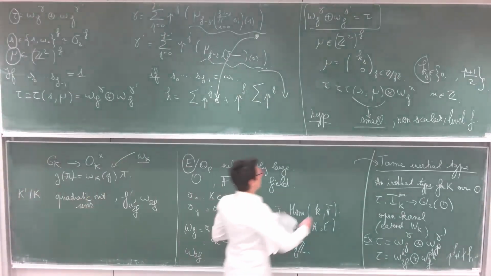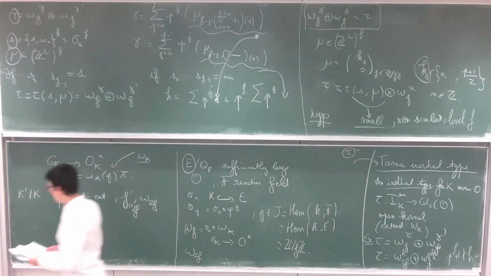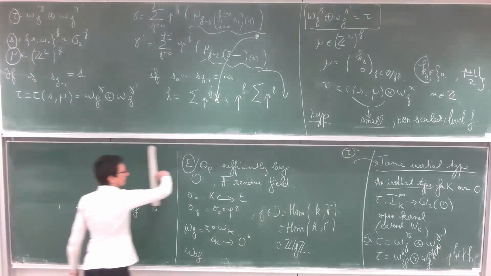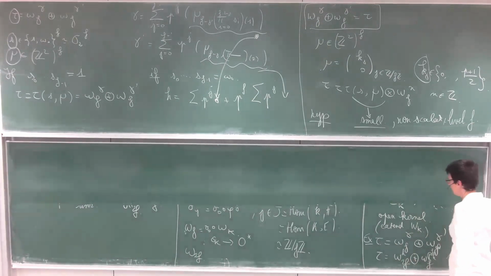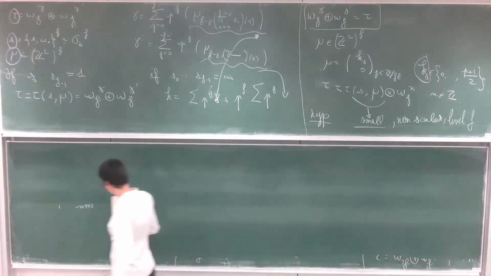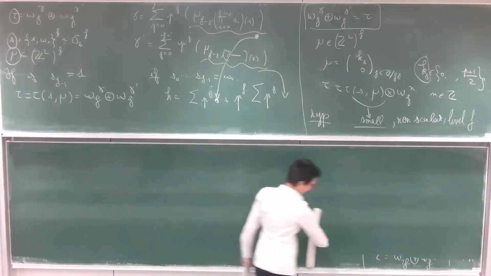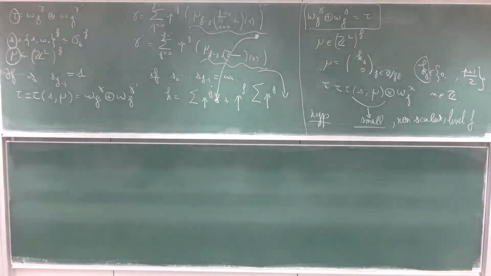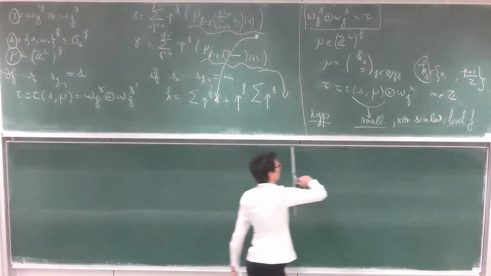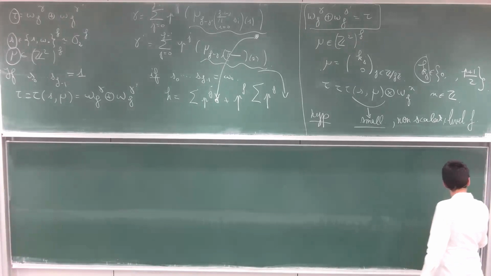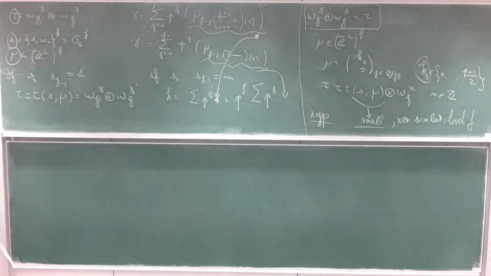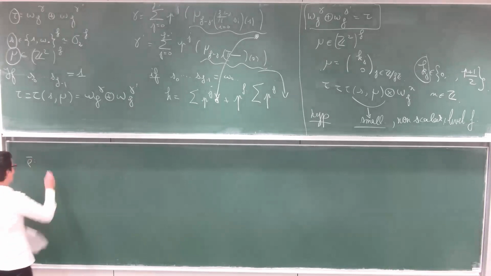Okay. So I did part of the job. I defined the tau. So let me now introduce the gamma representation. So this is the gamma representation.